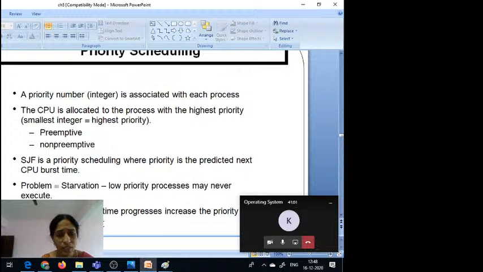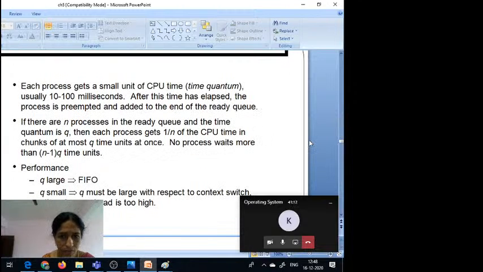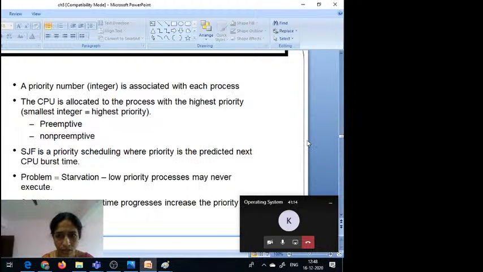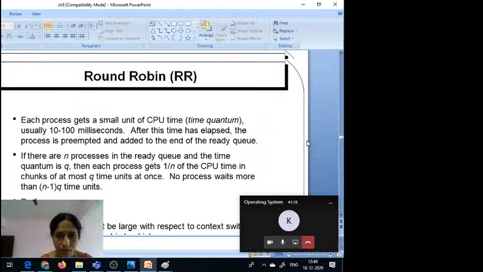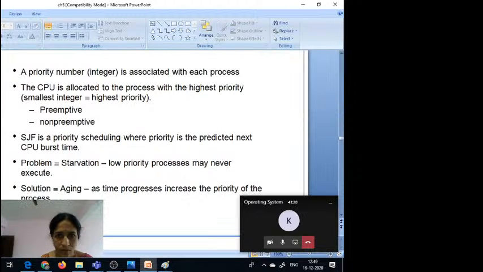In that case this is called starvation. First see the example for this problem, and next we can discuss that.